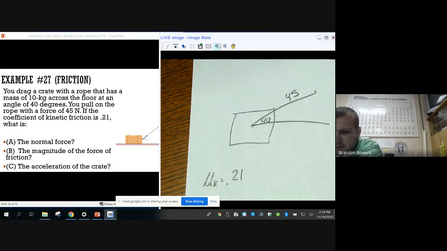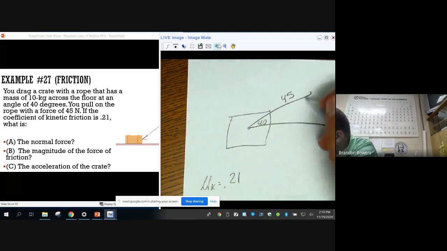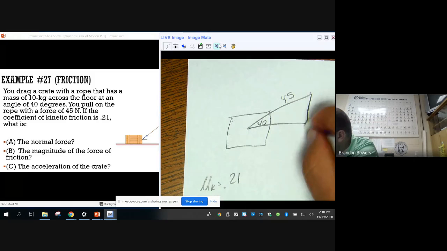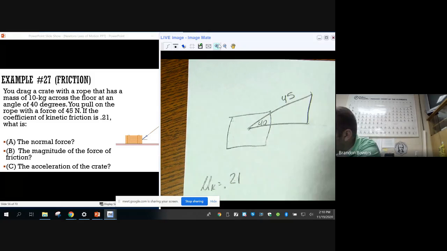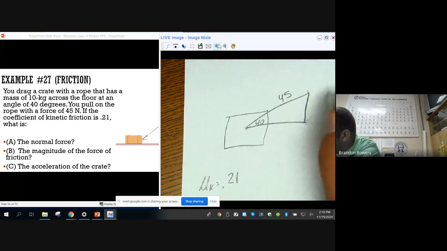Okay, so what I'm going to do is I'm going to solve for my x and y real quick. So if I look at this, I'm going to use the sine of 40 is equal to the opposite over the hypotenuse.